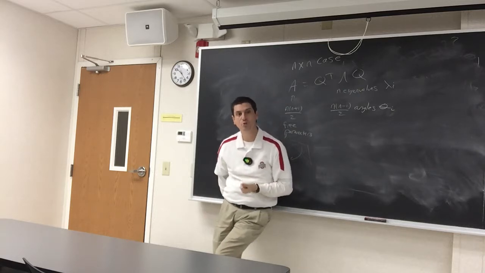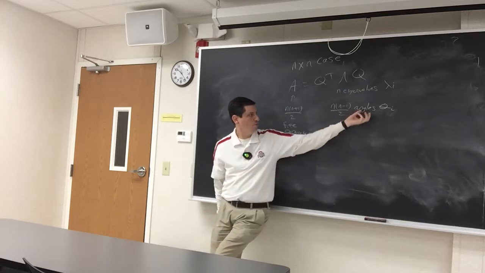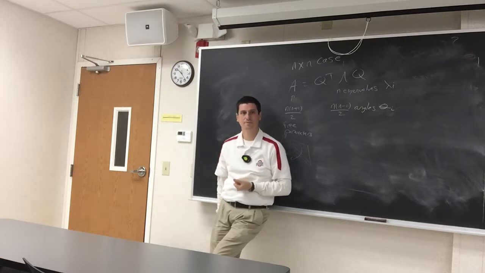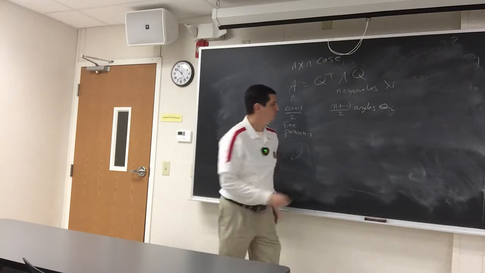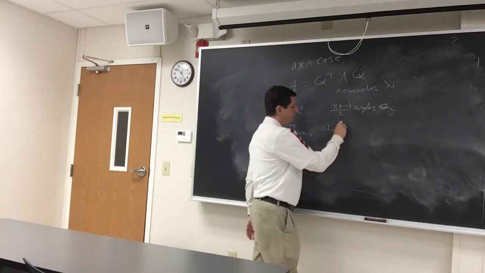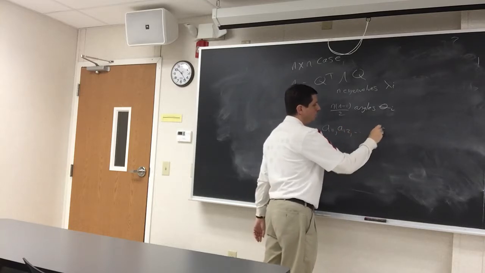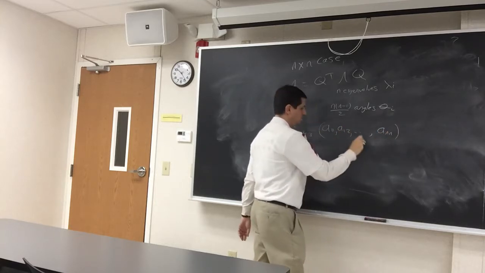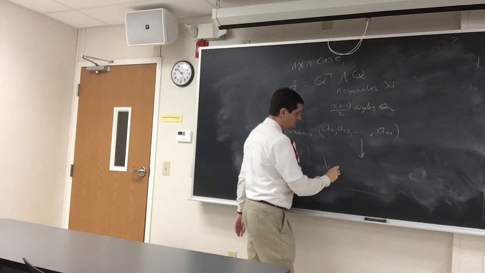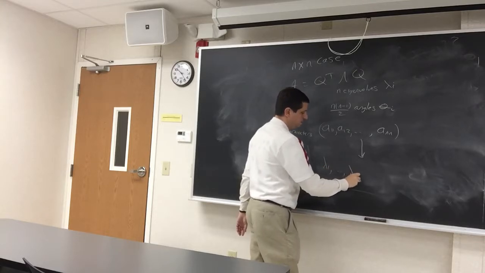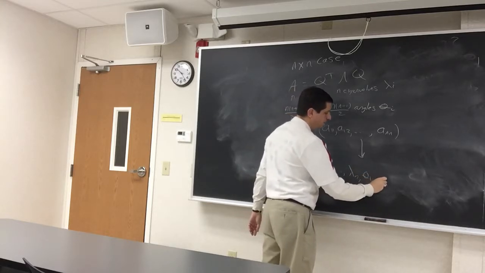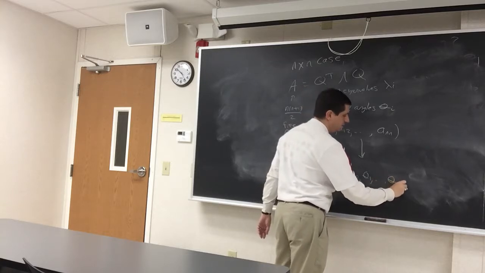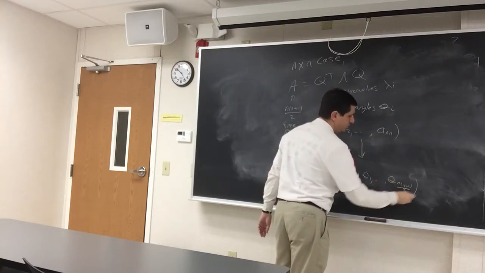But in general, you will have more angles than eigenvalues. So the goal is we want to go from A11, A12, all the way to Ann, to lambda 1, lambda n, theta 1, theta n, and minus 1 over 2.